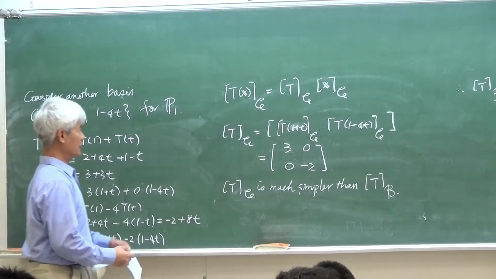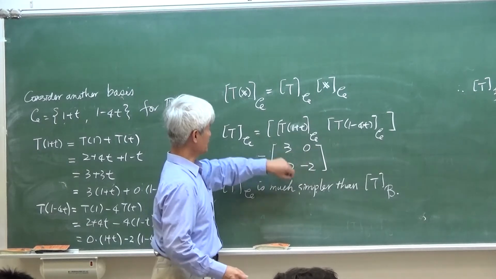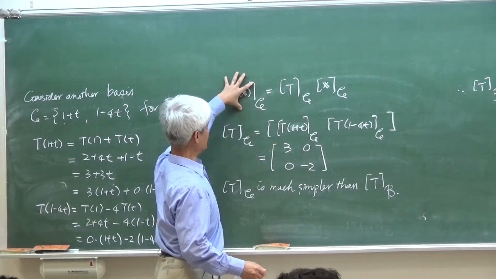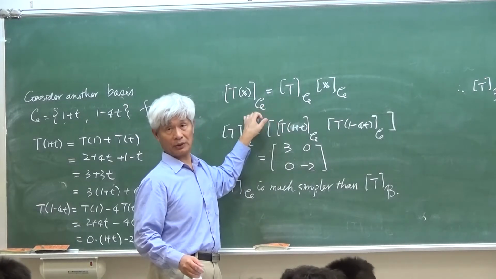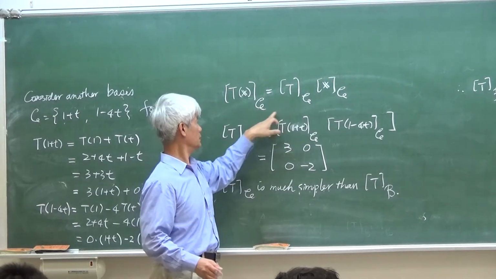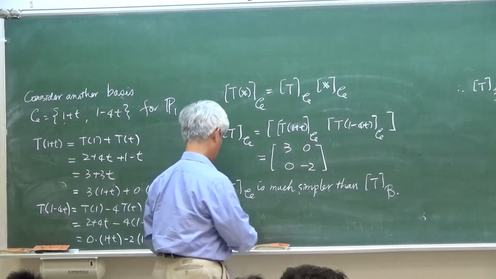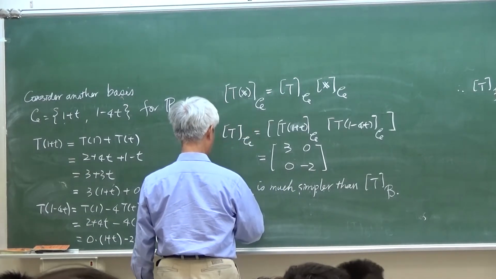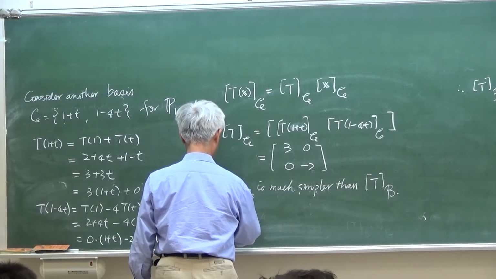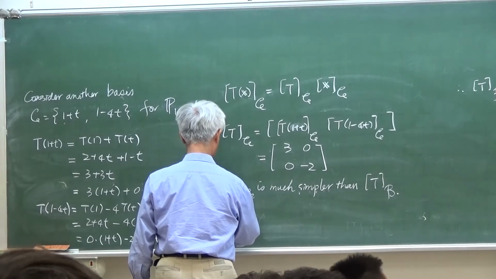And when we have a diagonal matrix as a matrix representation, then the computation of the coordinate system will be very simple. Right? Very simple. So later on, that is T.